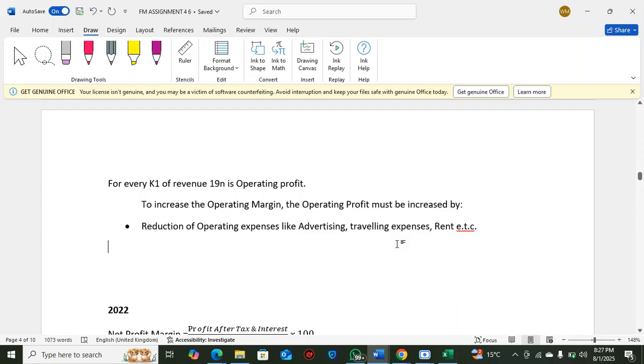Okay, those operating expenses, if you can reduce them, your operating profit will be big. But if those expenses cannot be reduced, then you find your operating profit will be low. All right, so that's one way you can increase this ratio. Reduce the operational expenses so that your operating profit can be more. Yes.